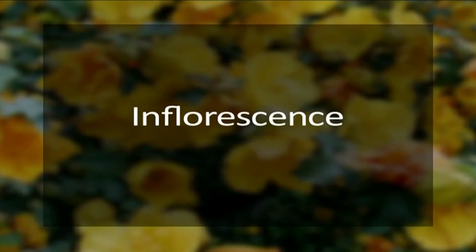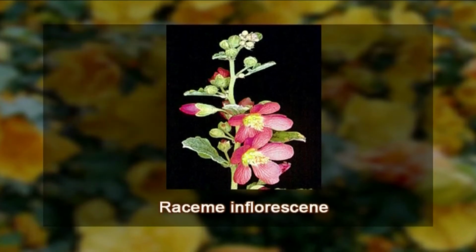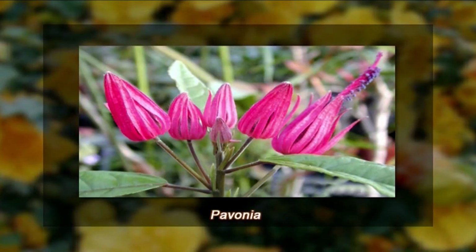Now, the floral morphology of the plant, starting with inflorescence. The inflorescence is here a raceme, or rarely we also see cymose. The example is Pavonia.